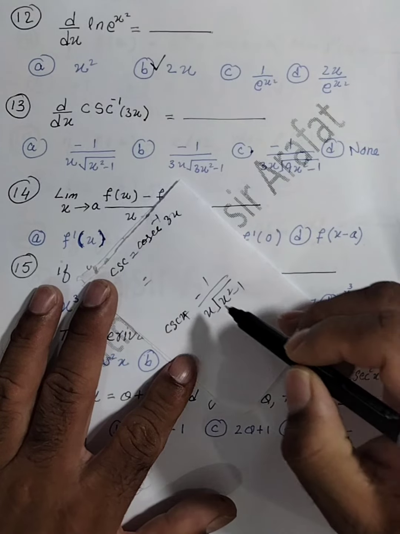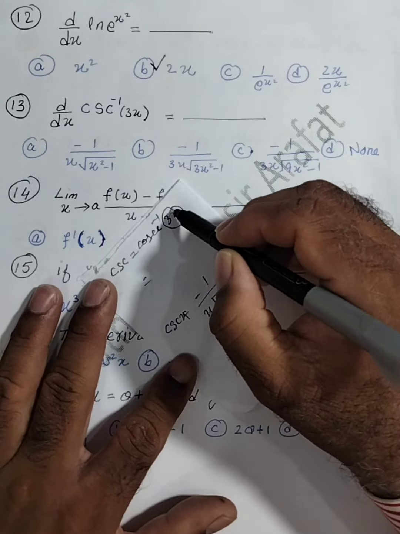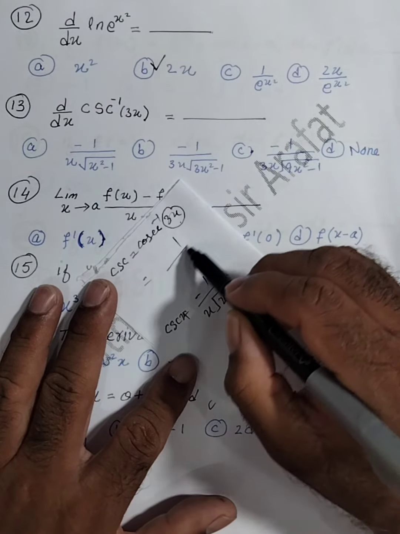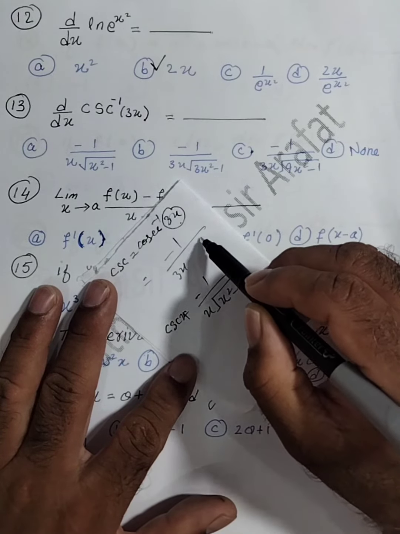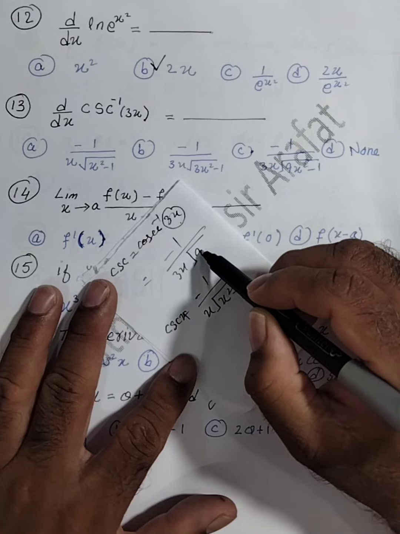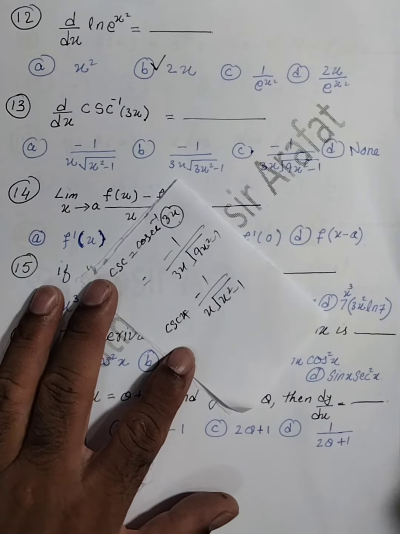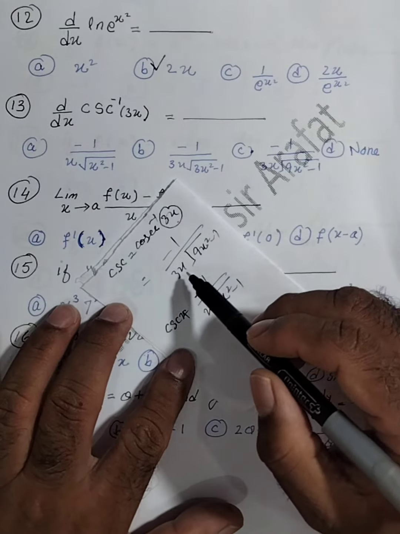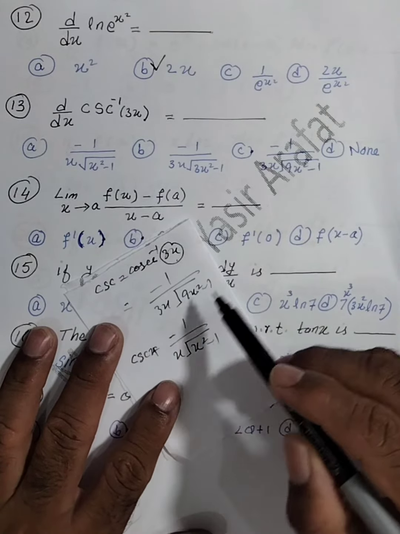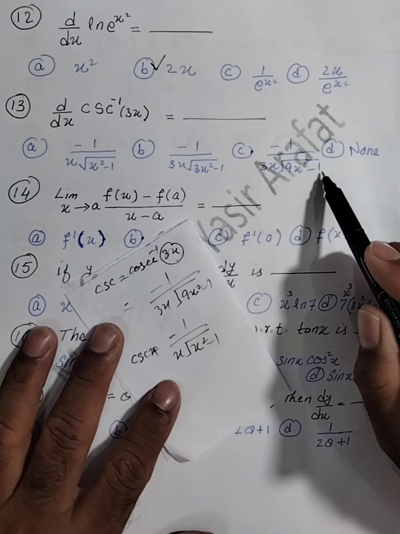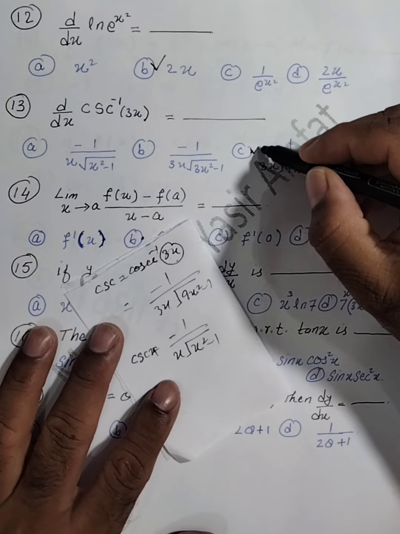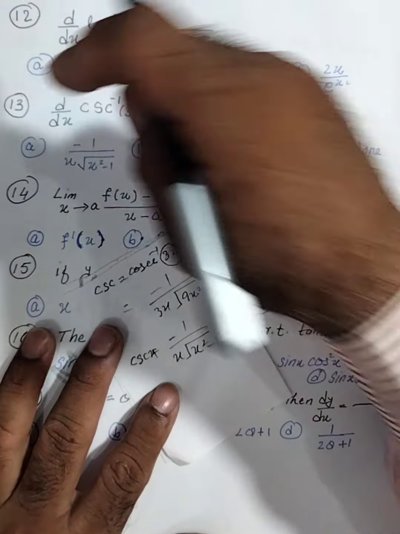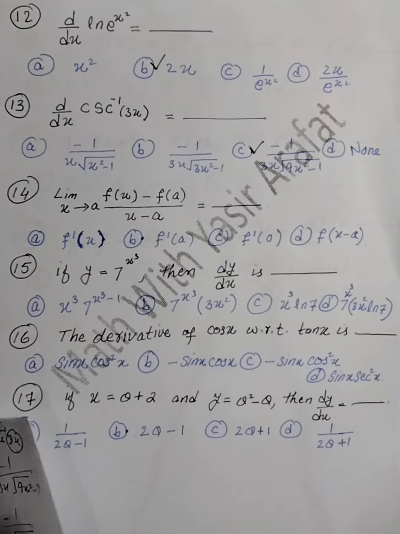This is the basic formula. So what is x here? Here x is 3x, so that will be equal to minus 1 over 3x, and 3x square means 9x square minus 1. So the correct option of this MCQ is minus 1 upon 3x times the radical of 9x square minus 1. So the correct option is C of the 13th MCQ here.